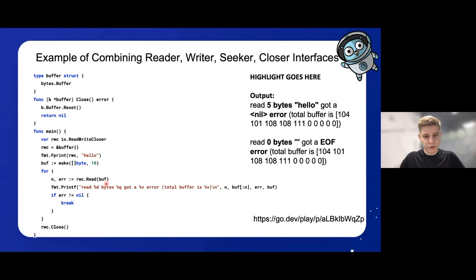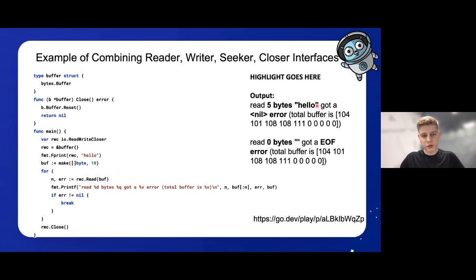So basically, we read from the buffer and print the data which we read, and close our ReadWriteCloser. So yeah, we used the full functionality of ReadWriteCloser. We write something, we read something from the buffer, and finally we close our channel. We finished with our work.